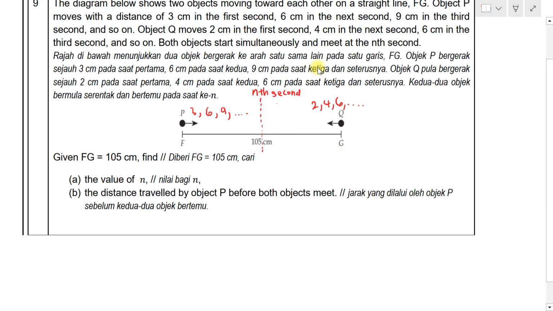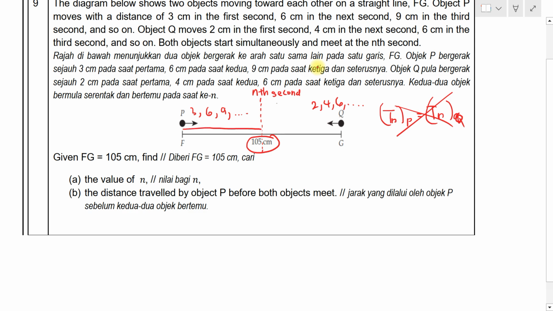Many students have a misconception in this question. They equate the terms, that means they use the Tn term of P equals to the Tn term of Q. But this is wrong because we are talking about the sum of all the lengths they are covering.